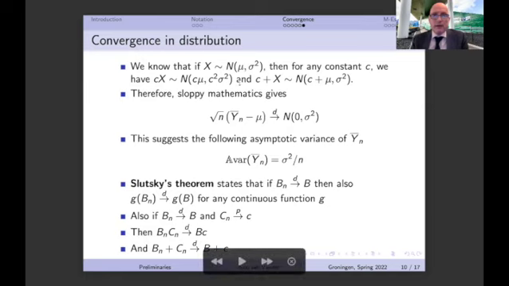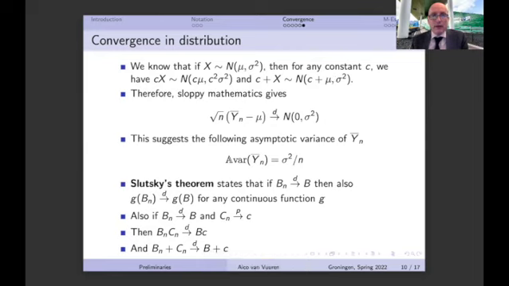In addition, if we add c plus x, then we still have a random variable, and also here we know that it's a normal distribution with a mean equal to c plus mu, and the variance is still equal to sigma squared.